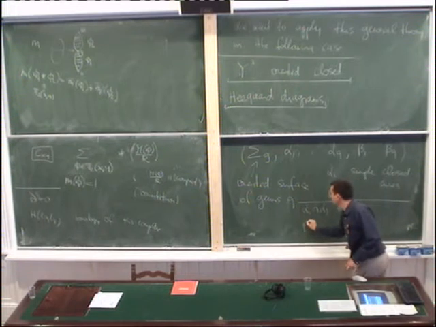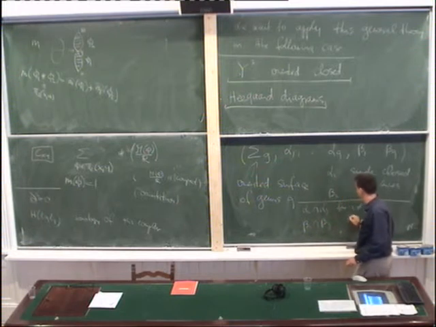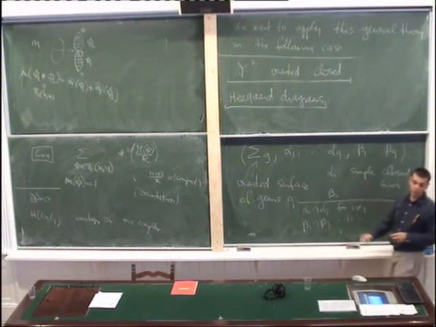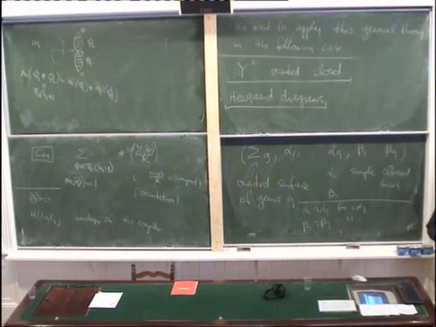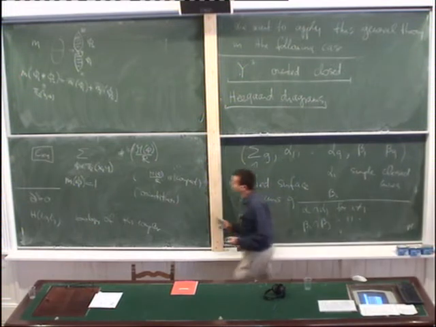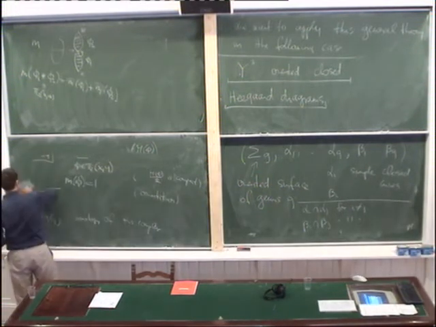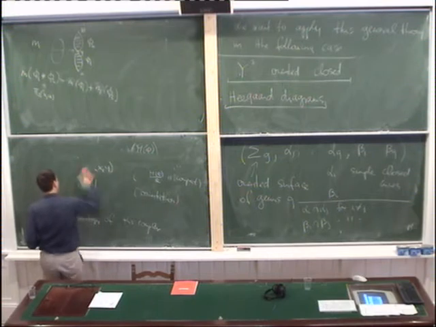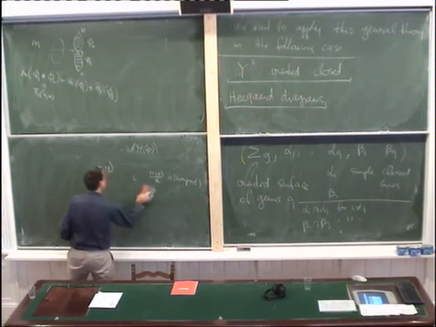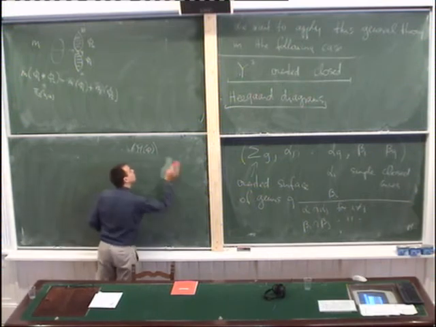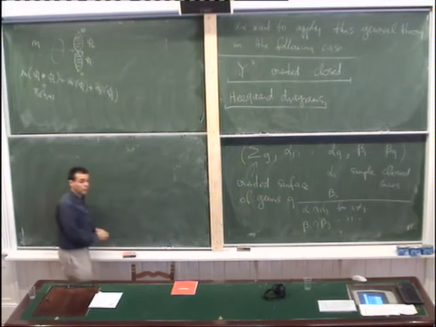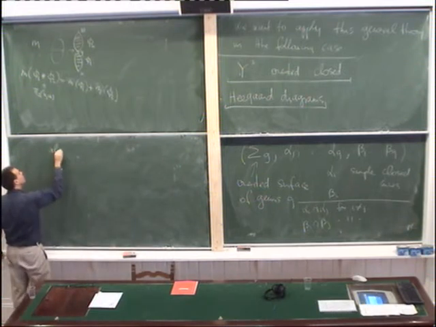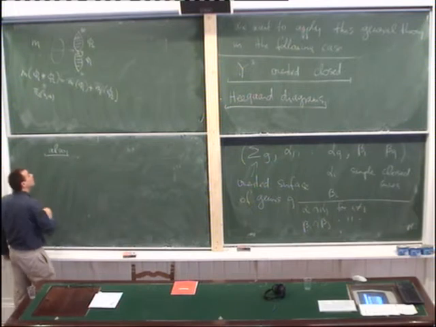The beta circles will also be disjoint from each other. The alpha and the beta circles can certainly intersect. In fact, those correspond to our generators. But we need an extra condition, that these circles are linearly independent in the first homology also.